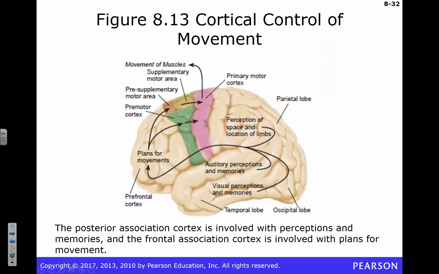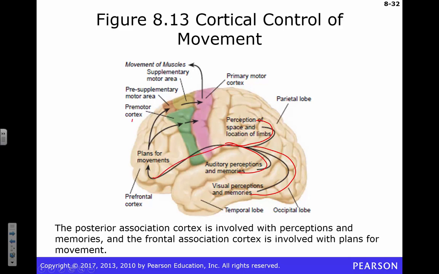So, this is sort of a map of what's going on. We're getting visual information coming in, somatosensory information, auditory information, and it's not just current information, it's historical information as well. We've got to compare the sounds we're hearing to sounds we've heard in the past, and what we're seeing to what we've seen in the past, and how that has behaved before, so that we can make those adjustments.